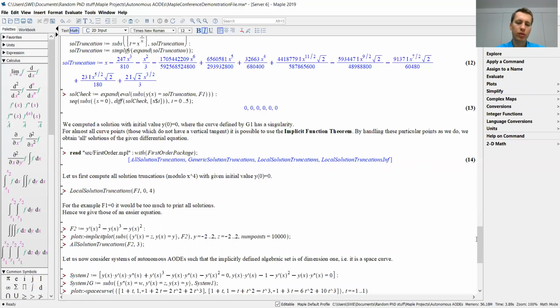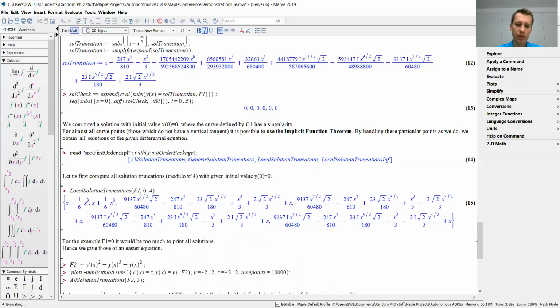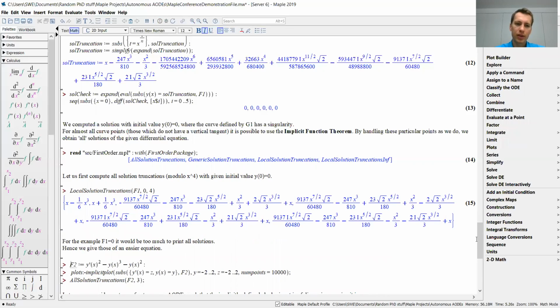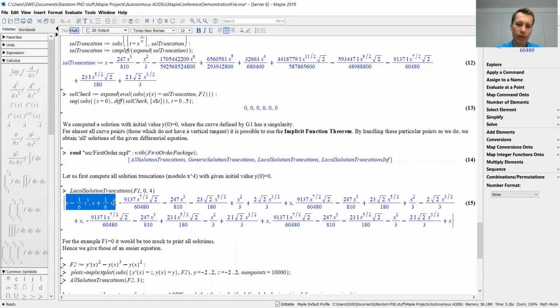So if we compute all solutions from above, first we start with the solutions with the initial value y0 equals to 0. As you can see, the solution already computed is not the only one, and the other branches also define solutions. But these two solutions here have ramification index 1, whereas the other solutions have ramification index of 2.